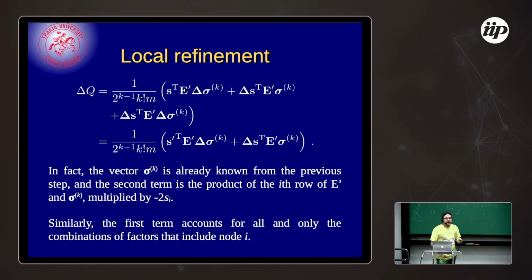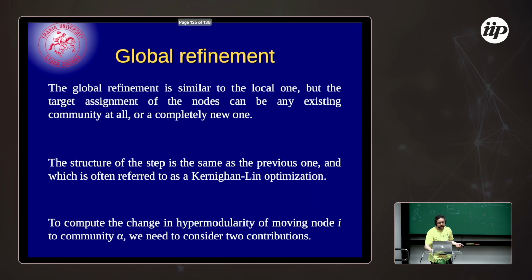And again, because the vector delta S, as we argued before, is 0 everywhere except in its ith element, which is minus 2 times Si, the value of the spin-like variable for the ith node. And this delta sigma over here only contains all and only the combinations of node I. So it's just a few terms, and you can compute it.